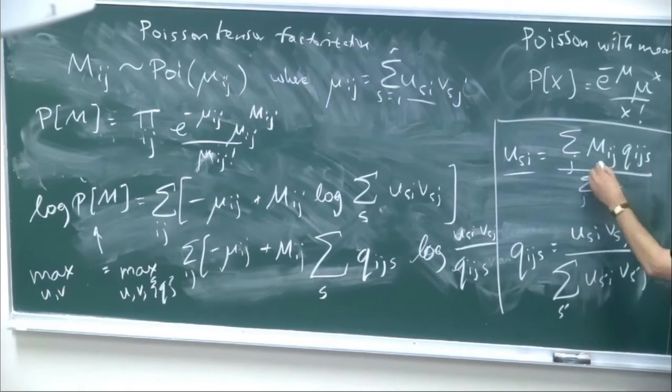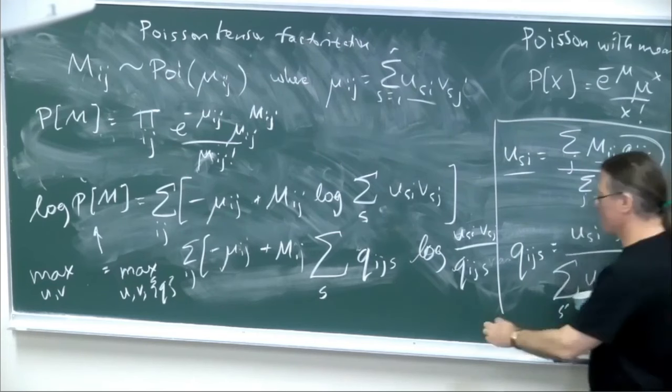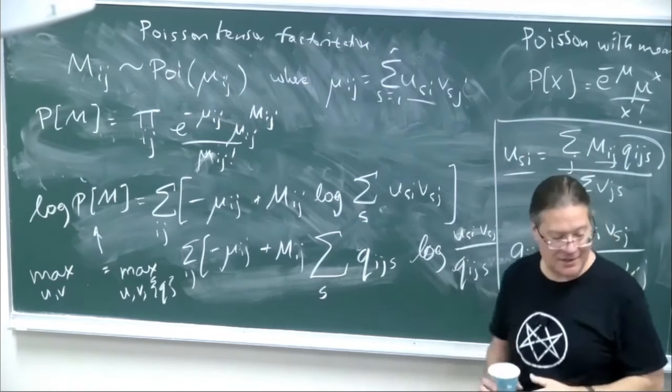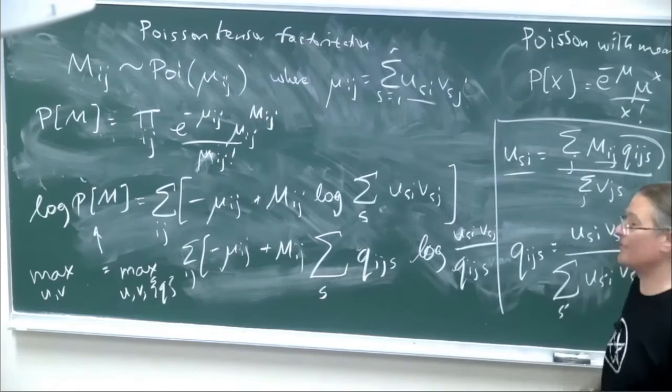Well, we look at the total number of occurrences of j in document i, but weighted by our current guess of the probability that when it does occur, it's because of topic s. That's what q_ijs is. And this is just a normalization. So you do this iteratively, and again, like iterative least squares, you'll often reach a local optimum.